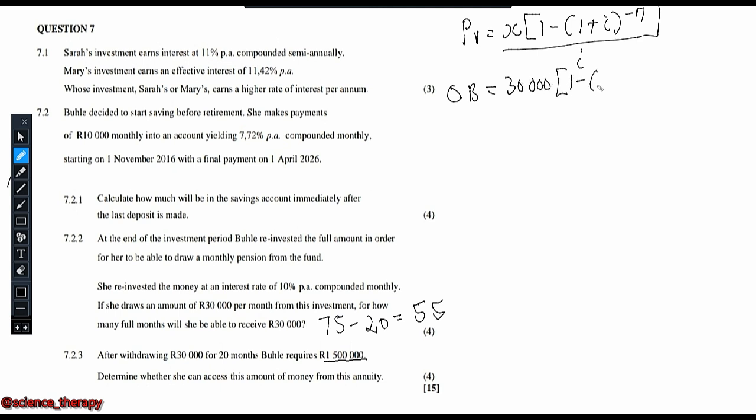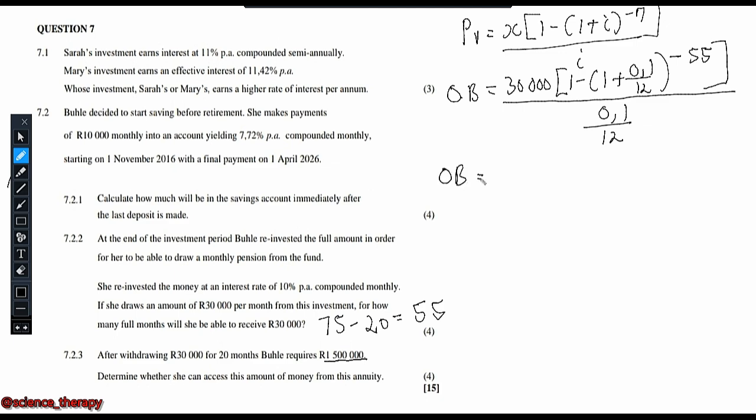So we have 1 minus (1 plus the interest, still 10%, 0.1 over 12). But then the n right now is what? 55. So we're going to substitute 55 over there. And then over 0.1 over 12, right? Then our outstanding balance, we just simply press in our calculator.